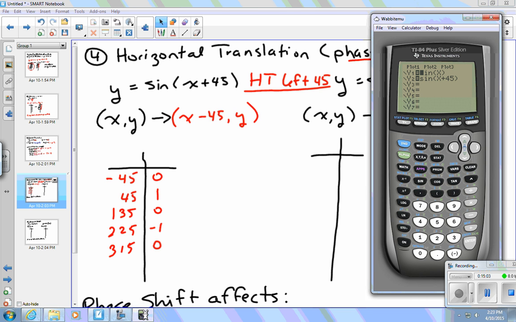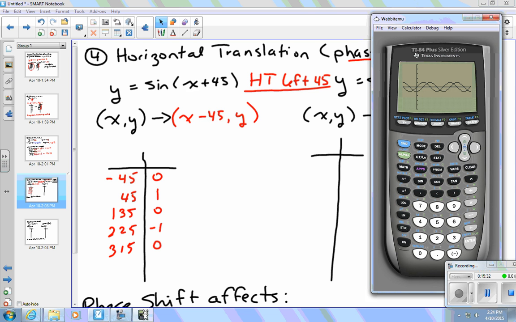So we'll leave our first one the same, and we'll put in the sine of x minus 90. And see what that looks like. Now, because it's periodic, it's tough to tell because it actually looks like it could have gone left 90 or right 90.